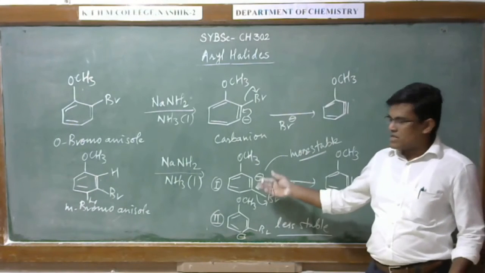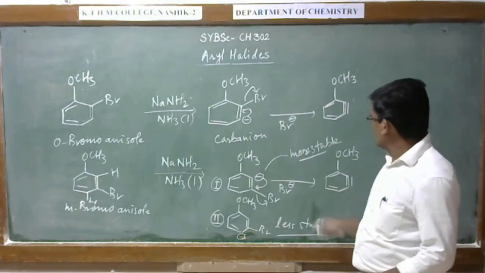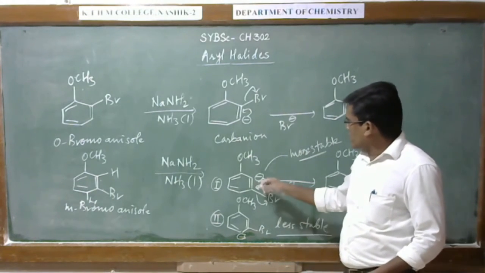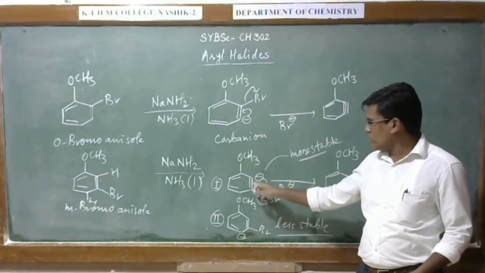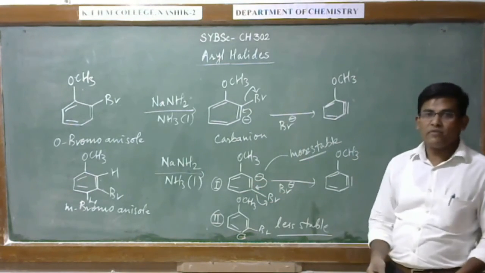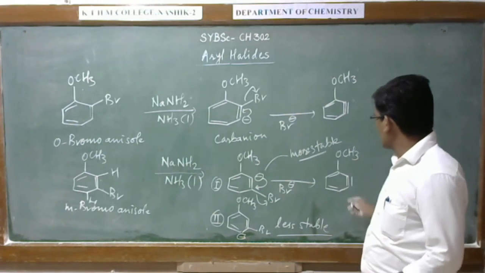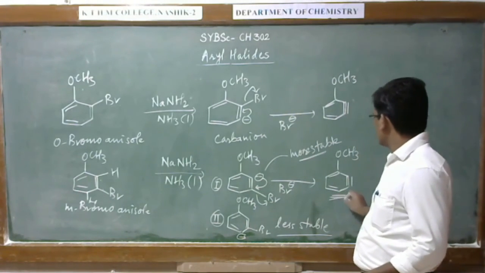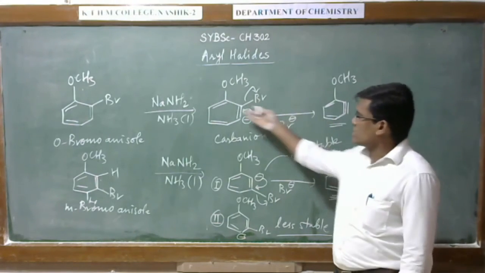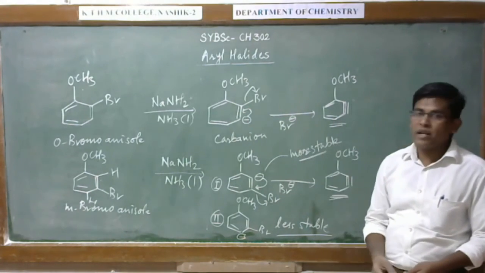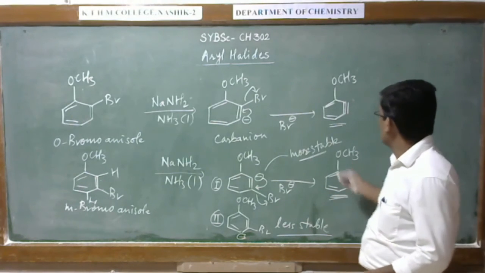So that means this carbanion will form, and after forming this carbanion, when this carbanion restores over here and this bromide ion departs, it will generate the benzyne, similar benzyne, which is formed in this ortho-bromoanisole case as well, okay.